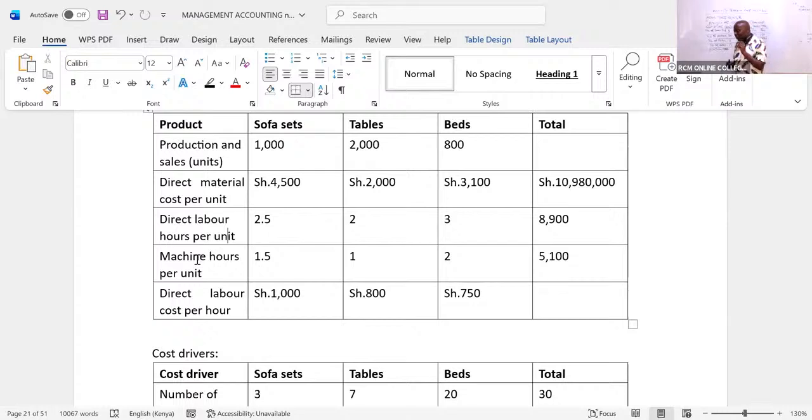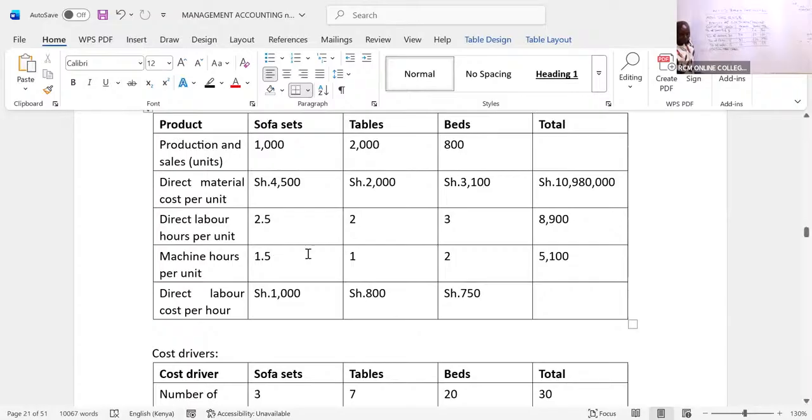So whenever you hear per unit, they want you to multiply the numbers given there with the volumes. So the first one will be 1.5 machine hours. But because that is for 1 unit, times what here, somebody? 1,000.